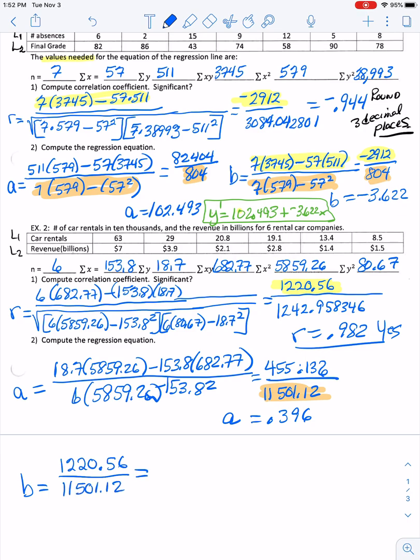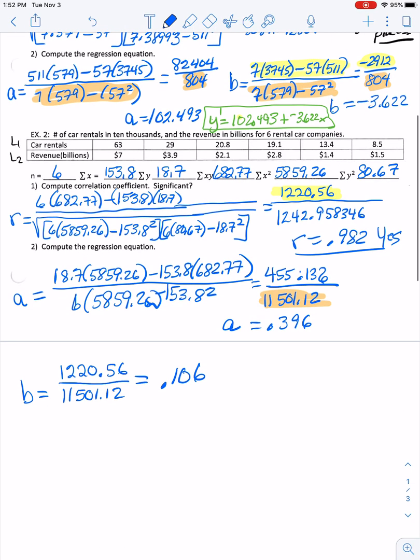Your B value comes out 0.106. So then to wrap it up, you've got your linear regression equation, A, 0.396 plus 0.106x, and you've got it.